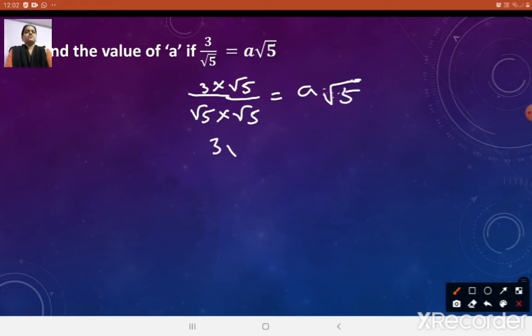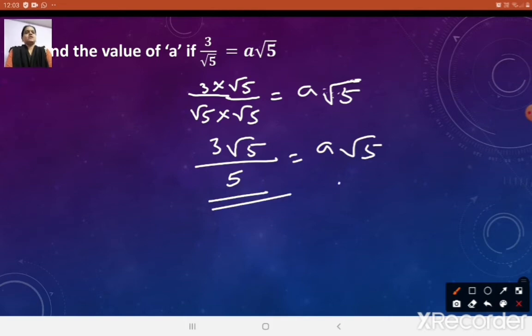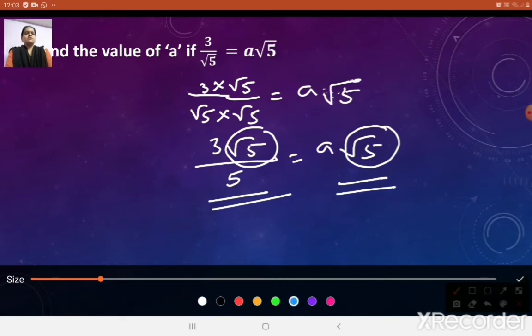So 3 root 5 upon root 5 into root 5 is 5, equal to a root 5. Just compare your left hand side and right hand side. Your root 5 and root 5 are as it is. If you compare, what will be your a value? A will become 3 upon 5 by comparing left hand side to right hand side.